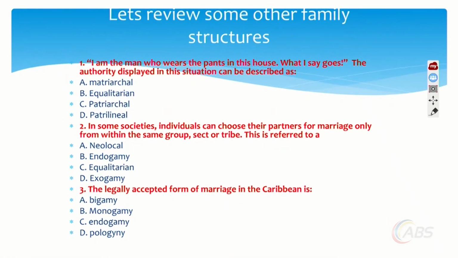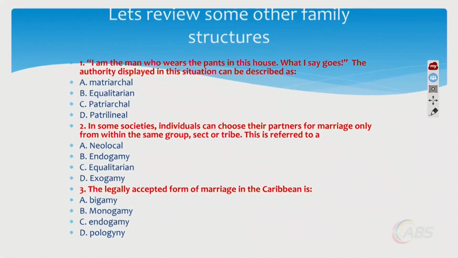So is it matriarchal? Of course, we know that relates to the female, the female power or authority, so you know that is not correct. You have the equilateral, where this person basically thinks everybody's equal. Then you have the patriarchal, of course, that deals with the male authority. And then you have the patrilineal, which deals with the lineage of his people, his descendants, sorry.